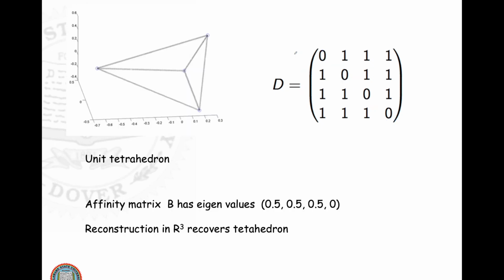So we take our affinity matrix, that's our B, and we compute the eigenvalues, and the eigenvalues in order of size, 0.5, 0.5, 0.5, 0. And you can actually do this in MATLAB and verify it. And now, if you were to reconstruct the unit tetrahedron in 3 dimensions using the first eigenvector, the second eigenvector, and the third eigenvector, you get back the tetrahedron in R3.